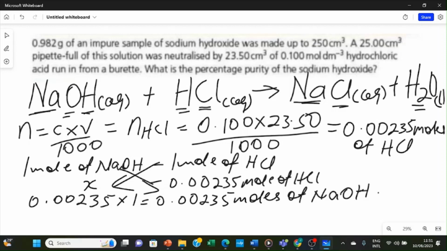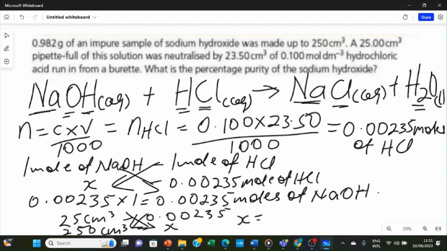Now we're going to calculate the number of moles of sodium hydroxide in 250 cm³. So if in 25 cm³ we have 0.00235, in 250 cm³, what will it be? You cross multiply as usual. X will be equal to 250 over 25 times 0.00235.